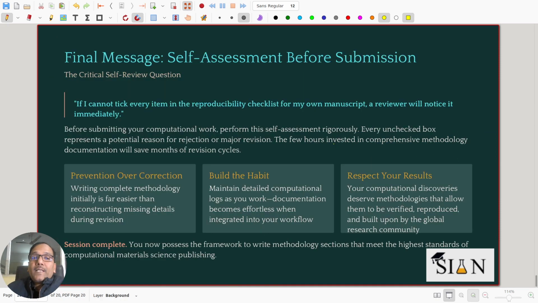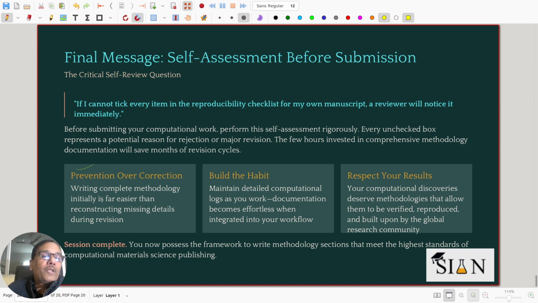So the final message is self-assessment before submission. If I cannot tick every item in the reproducibility checklist for my own manuscript, reviewers will notice it immediately. Remember this: prevention over correction. Before submitting your computational work, perform the self-assessment rigorously.